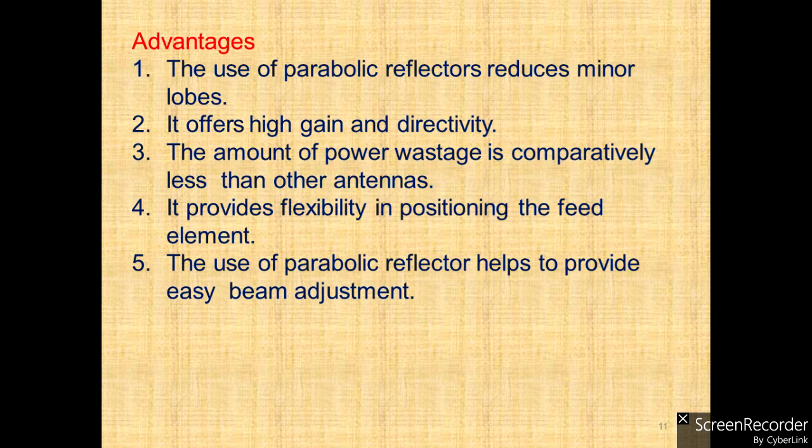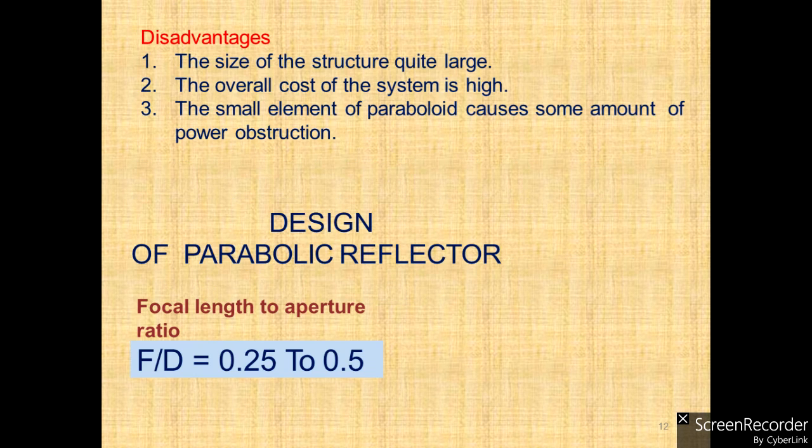And it provides flexibility in positioning the feed element. So depending upon the requirement, we can have offset feed, where blockages due to the signals can be avoided. So it has that flexibility, right? The use of parabolic reflector helps to provide easy beam adjustment. So we can easily adjust the beam, right?